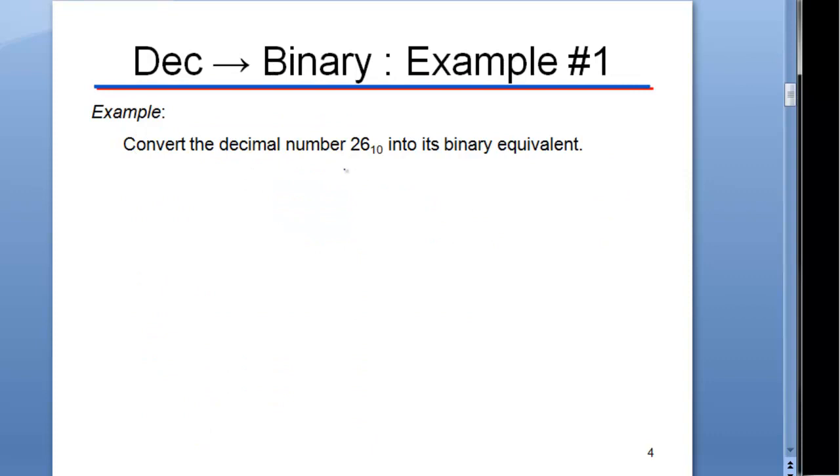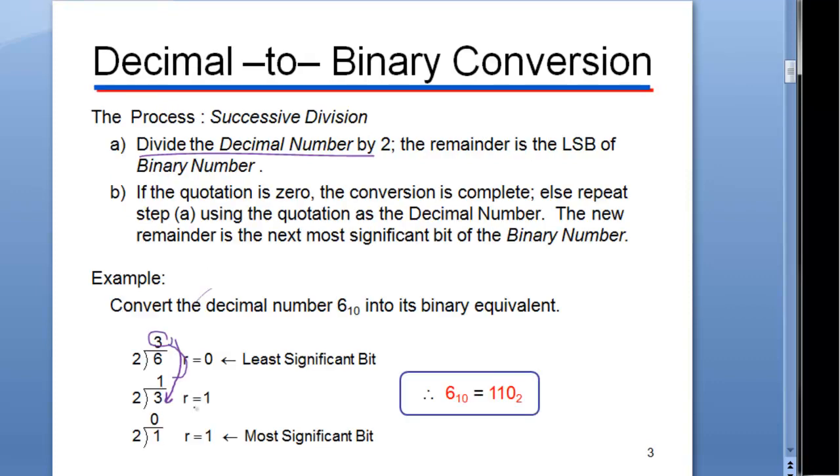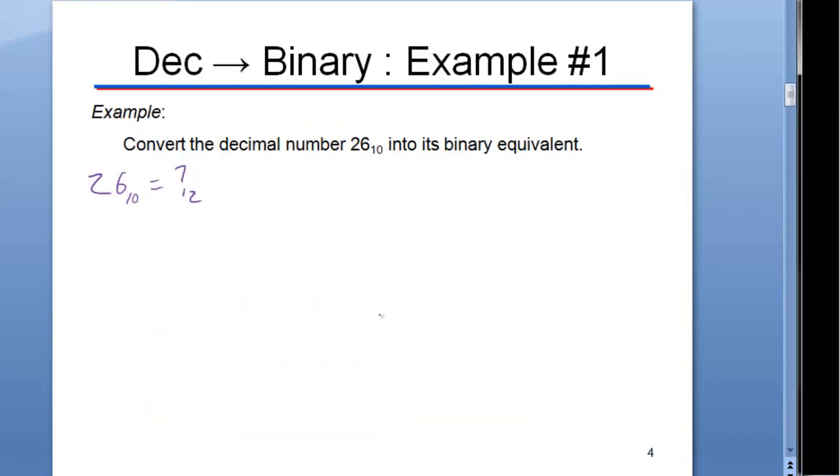Here we are with the number 26 base 10. How much is that in base 2? If we look back, we just divide it by 2. So 26 divided by 2 gives us 13 with a remainder of 0.